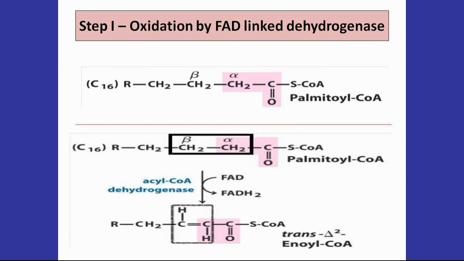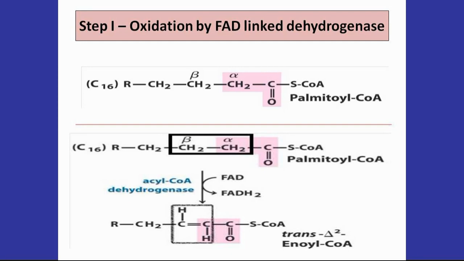The first reaction, as I already told you, is the oxidation of acyl coenzyme A by an enzyme known as acyl coenzyme A dehydrogenase, which after the oxidation gives you alpha beta unsaturated acyl coenzyme A, also known as enoyl CoA. In this step, FAD becomes the hydrogen acceptor to oxidize the acyl coenzyme A.